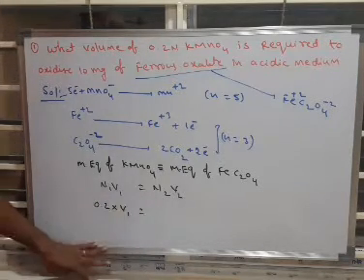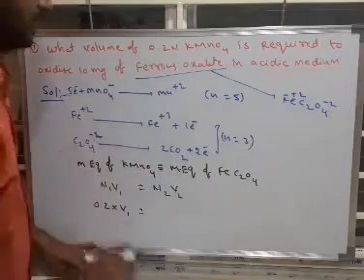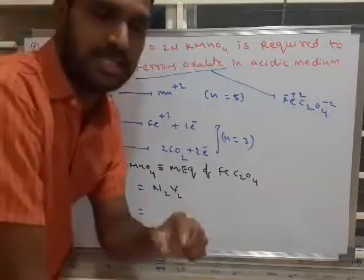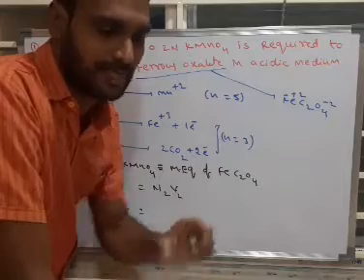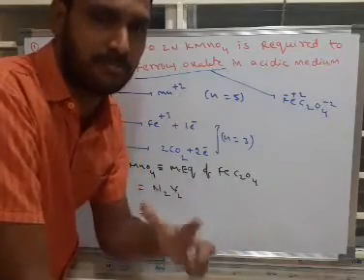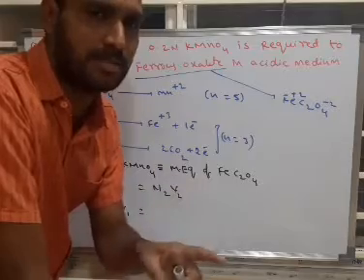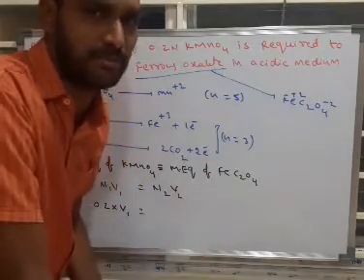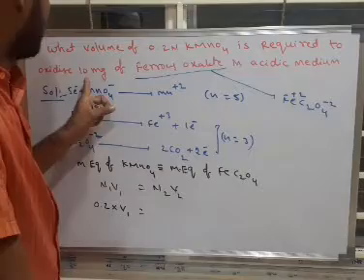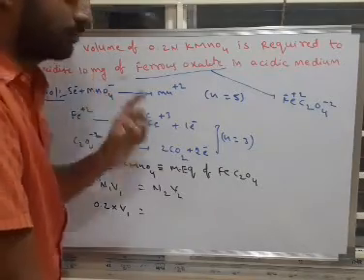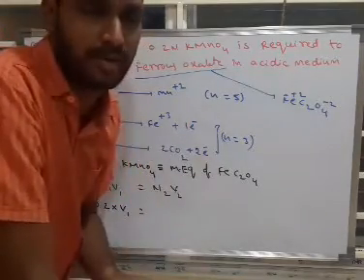So what is the normality of this ferrous oxalate? Here, for ferrous oxalate no molarity or normality information is given. Information is given in terms of mass, that too in milligrams. So based on milligrams, we have to find the normality.